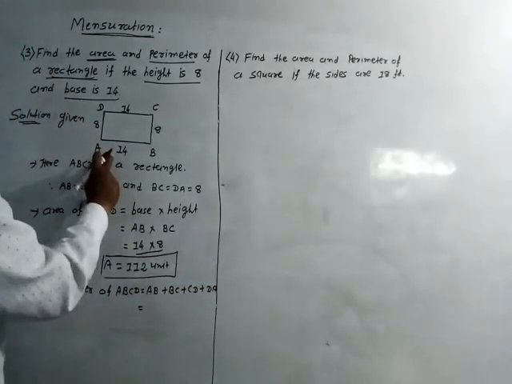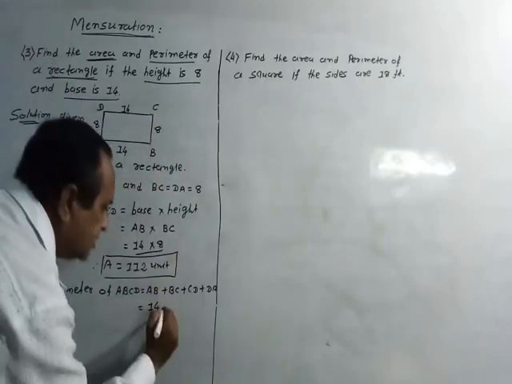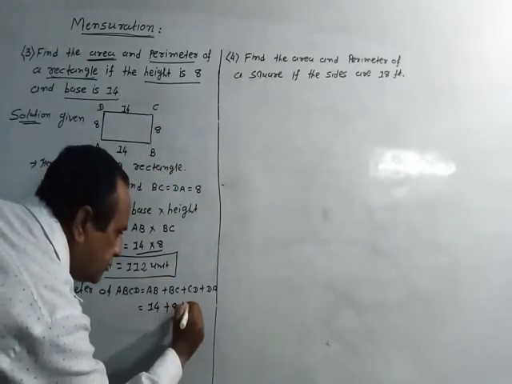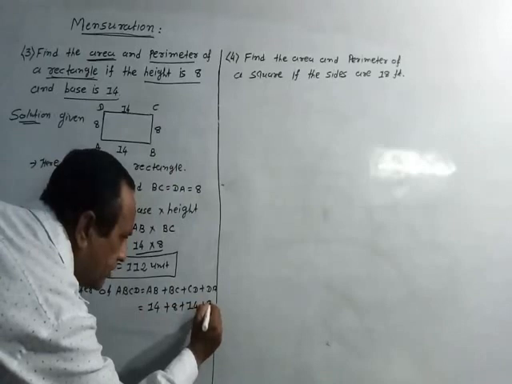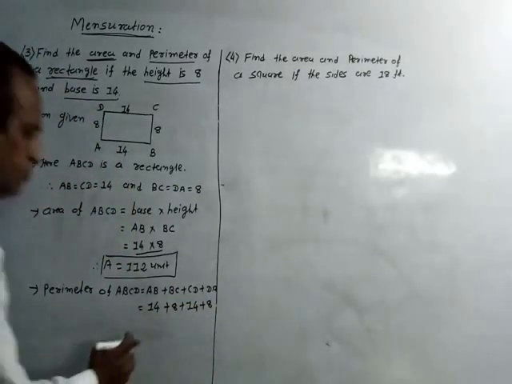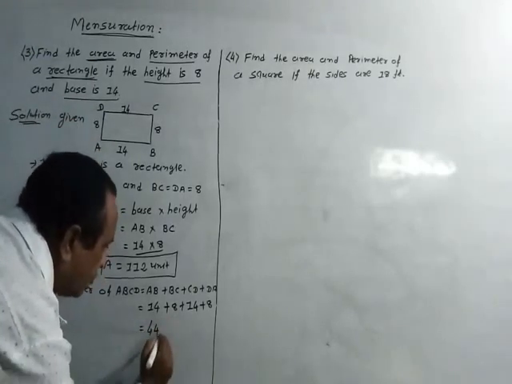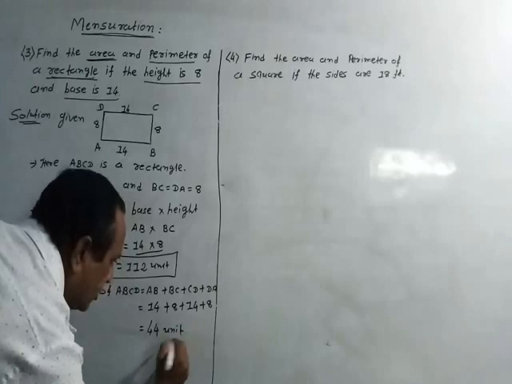Now the value of AB is 14, BC is 8, similarly CD is 14 and DA is 8. Simple addition, that is 44 unit. This is our perimeter.